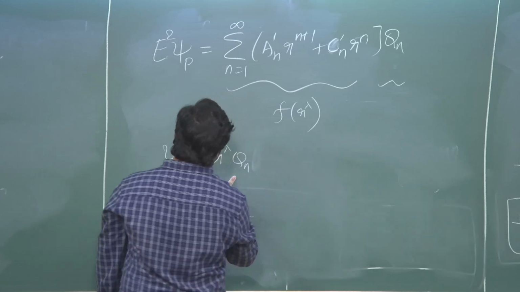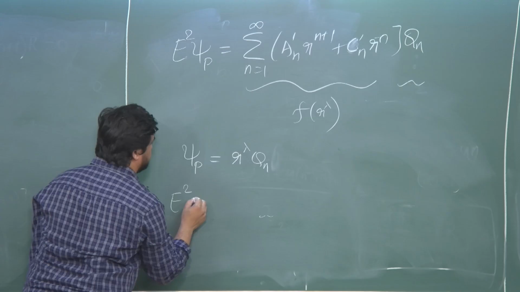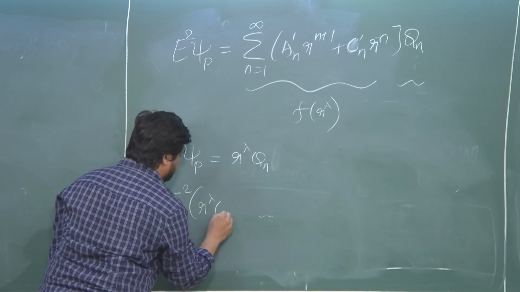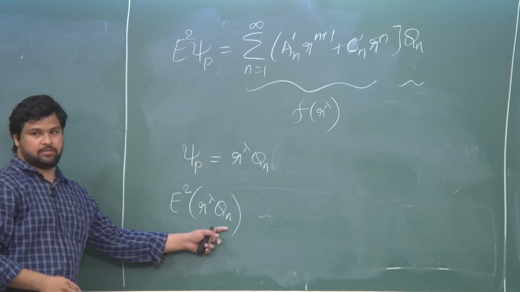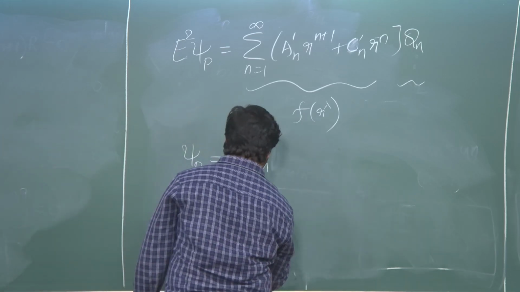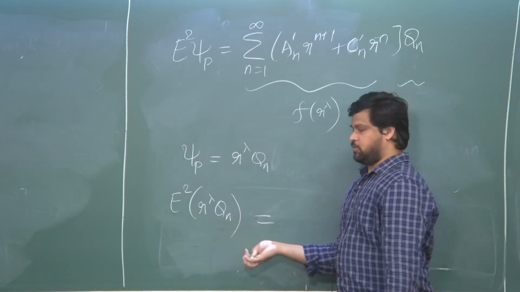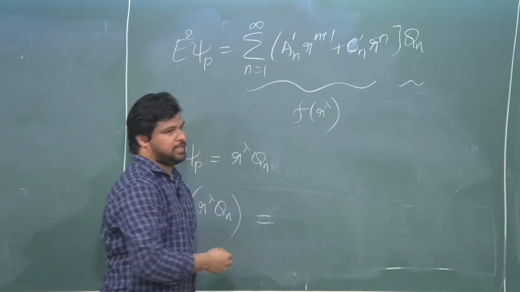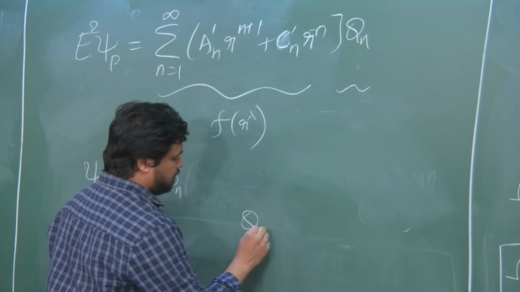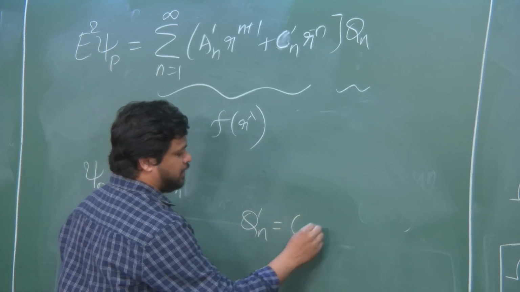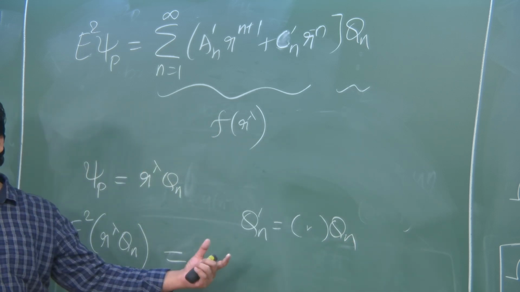So, this has to satisfy this equation. If you substitute in e square, e square of r lambda times Qn, we need this Qn dependency. So, these Qn are basically recursive, there are recursive relations. You can write Qn dash as some function of n times Qn, and like this you can write it as a recursive relation.